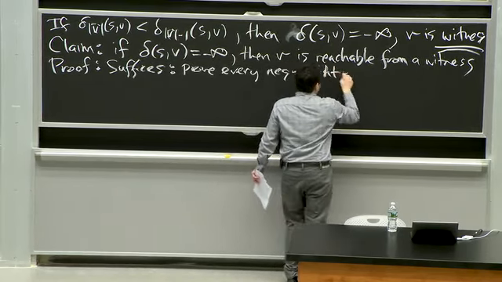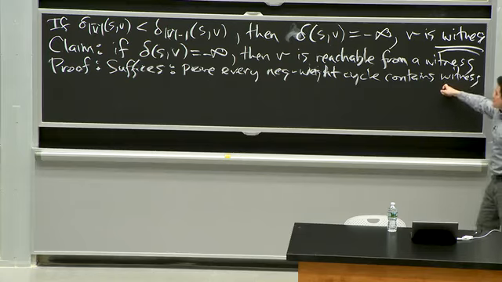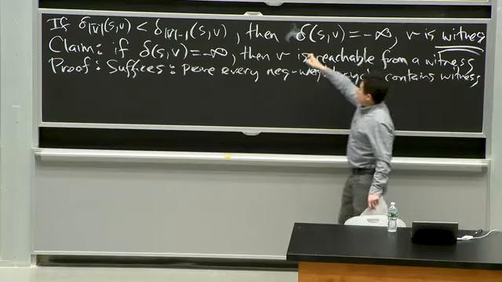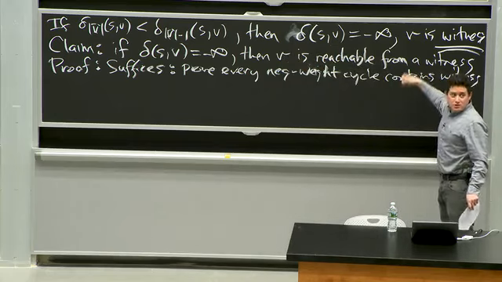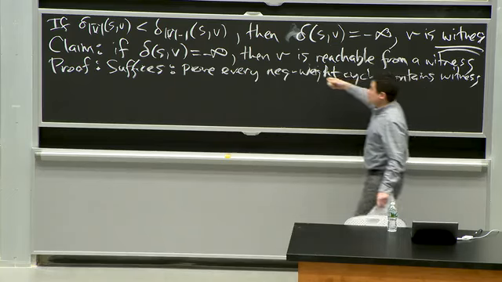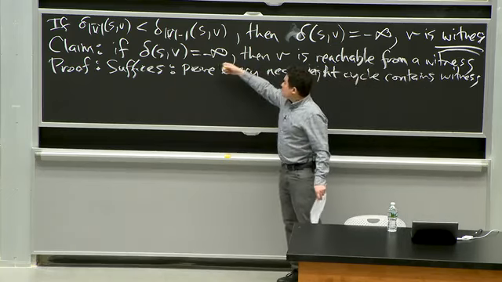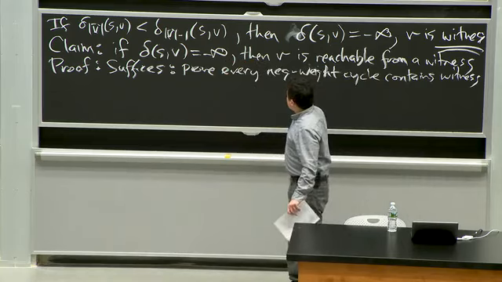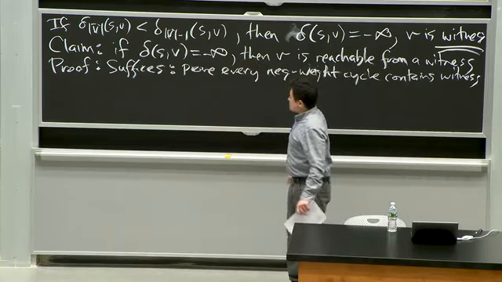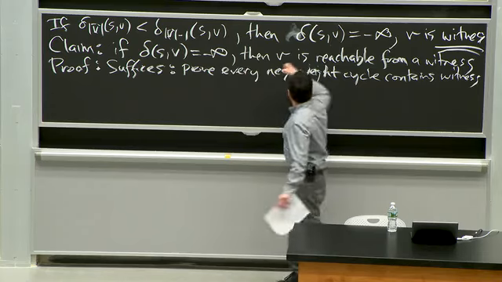then every vertex reachable from one of those witnesses, in particular reachable from a negative weight cycle, has shortest path distance minus infinity, and that should prove the claim.